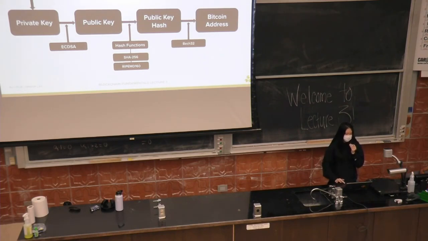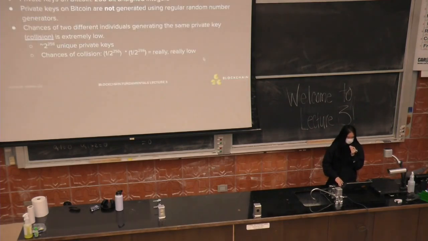But this time, it's not with two SHA-256 functions, but instead it's with RIPEMD160. This is just for the purpose of not taking up as much memory. It takes up fewer bits than 256. And then we use another hash function to create the Bitcoin address.